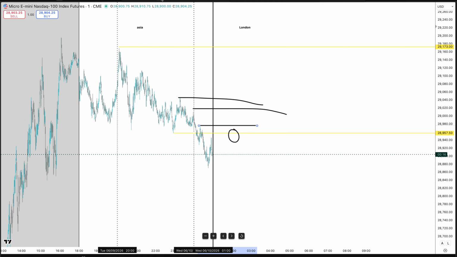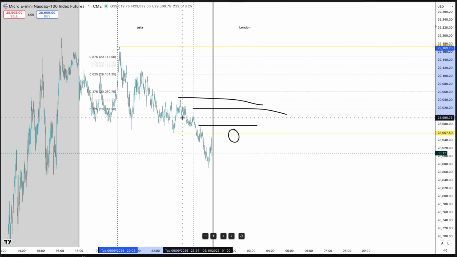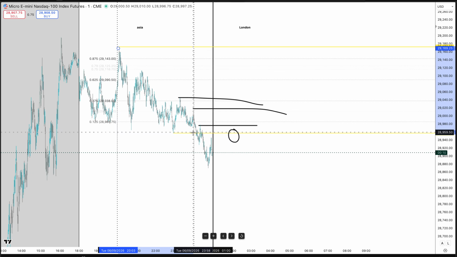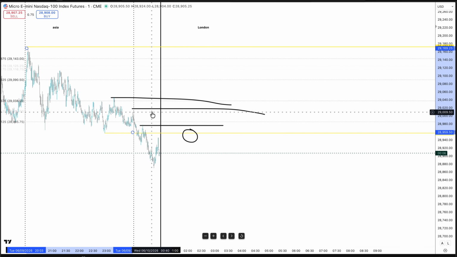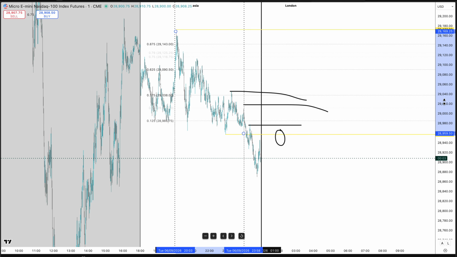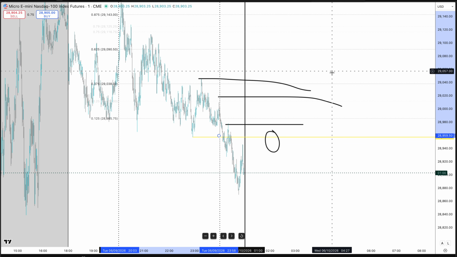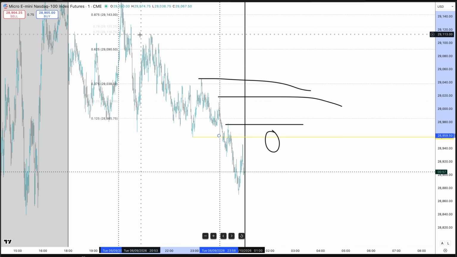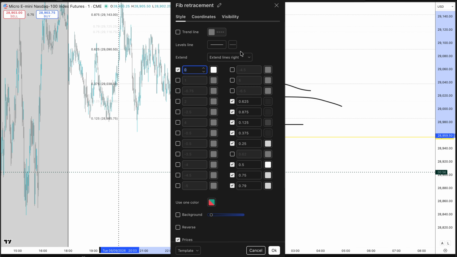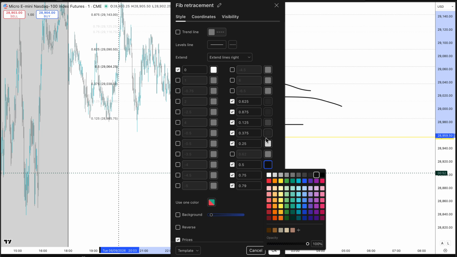And if I take an equilibrium, or if I take the Fibonacci and I just mark out my highs and my lows, and I mark what's halfway in between. I can't see my numbers for some odd reason. Oh, because it's white.